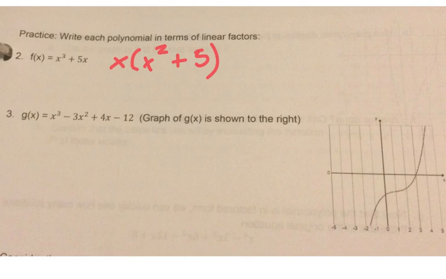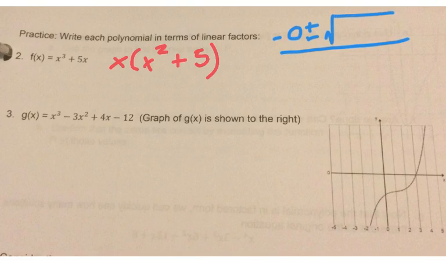So different ways you could do this. We could go and plug that into the quadratic formula. So that would be negative b, which is negative 0, plus or minus the square root of b squared, that's 0 squared, minus 4 times a times c, all over 2a.